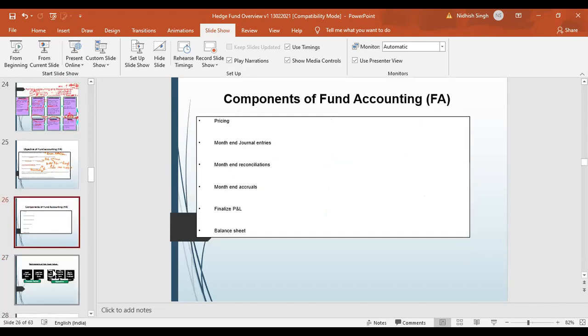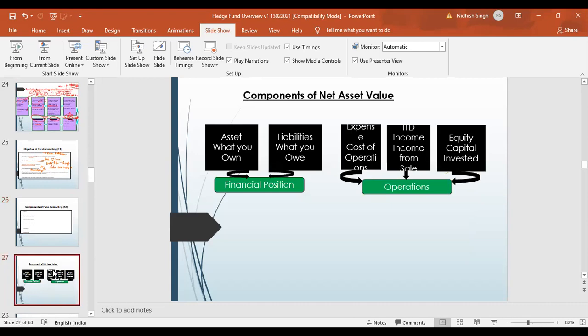Components of fund accounting, what they do on a regular basis: pricing. Of course, the valuation cannot be done without pricing, and there are valuation policy documents and various steps required for that. Journal entry, reconciliation, month-end accrual, and P&L, etc. So at a high level, what is the financial position of the NAV?